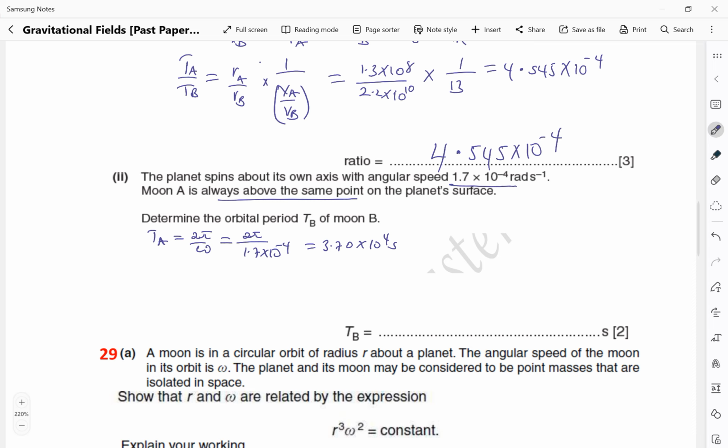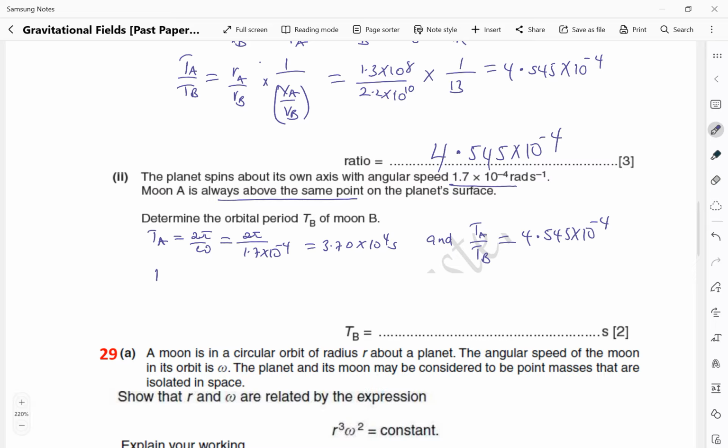That is the period. But also do not forget that the period of A divided by the period of B is equal to 4.545 times 10 to the power of minus 4. Sorry, that's a ratio. So what does that mean?